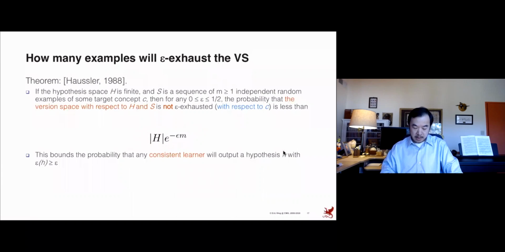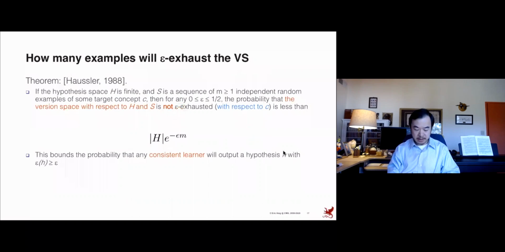That's actually very good, because now you know that there is an upper bound of the probability of things not going well. Obviously, we want a version space to be epsilon exhausted, so that we know that every hypothesis inside the version space will have a true error smaller than that epsilon. But if it is not, then we want this probability to be very small.